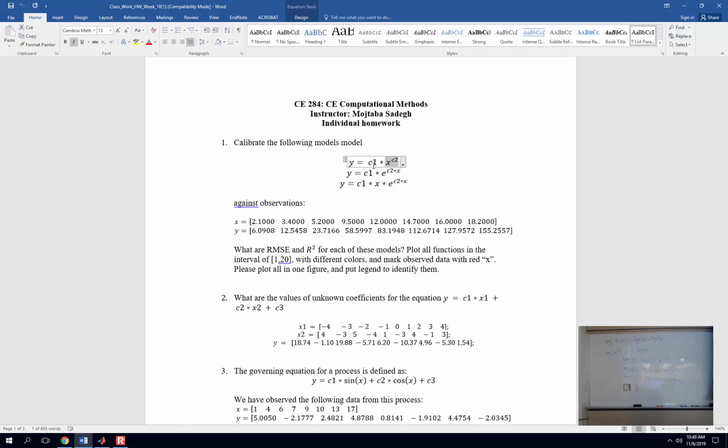Log of y is equal to D plus C2 log of x. Right? With respect to D and C2, is it linear or not? That's linear.